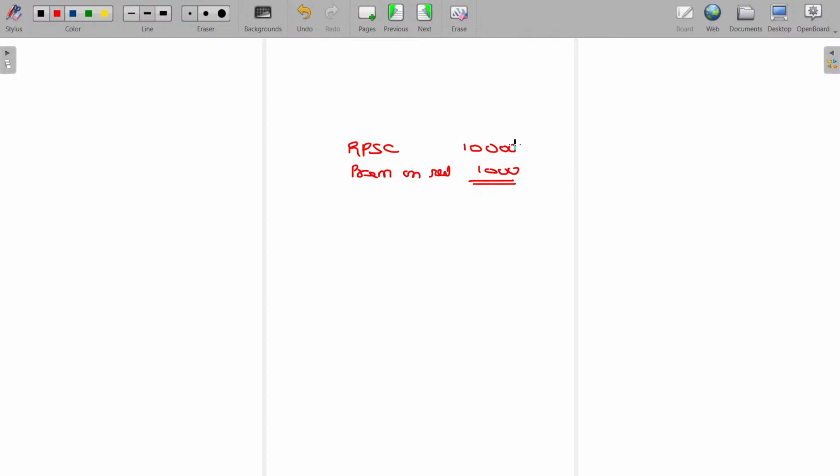Redeemable preference share capital being 10,000, premium on redemption being 1,000.